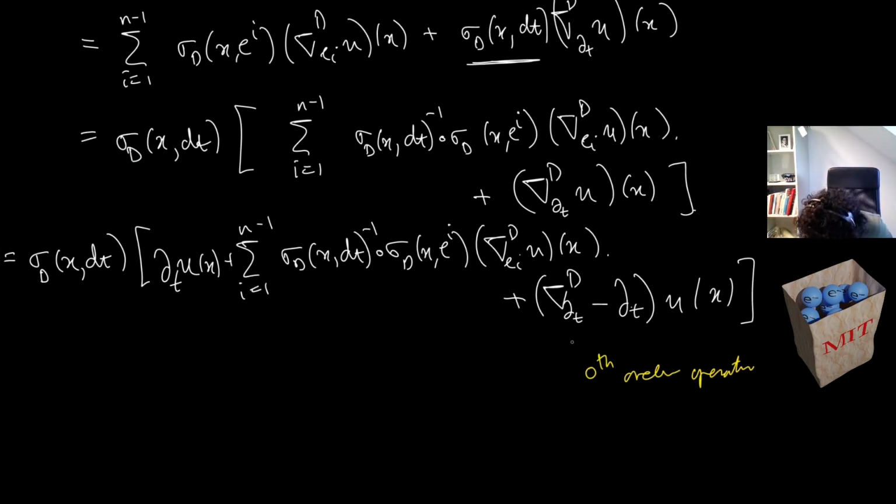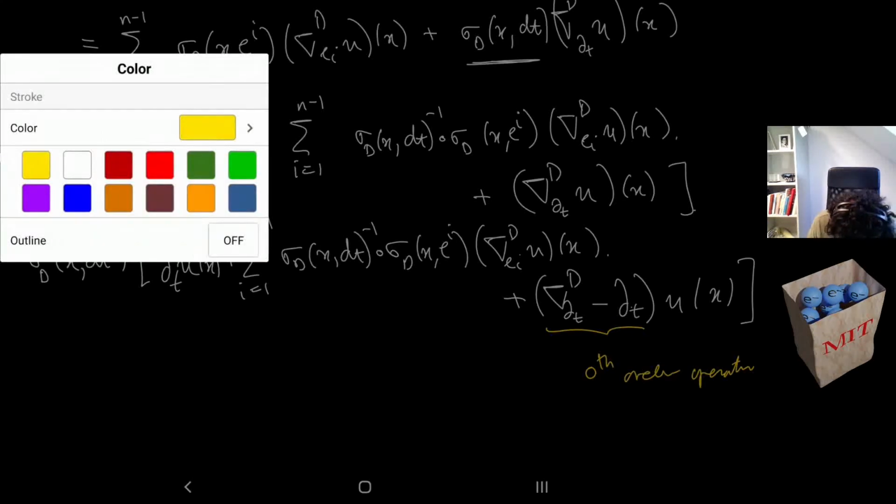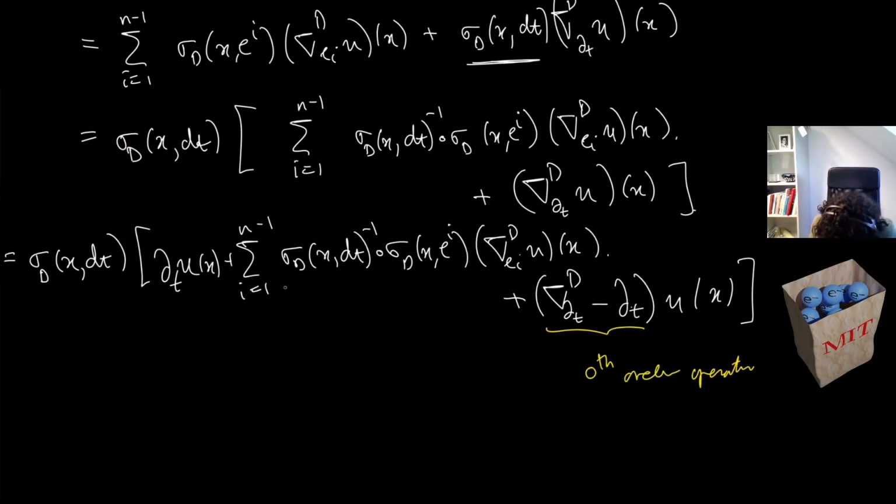So first of all, this is a zeroth order operator. The other thing is, the symbol here is mapping from E_x to F_x. So the inverse symbol maps F_x back to E_x. So together, this is a map E_x to E_x.